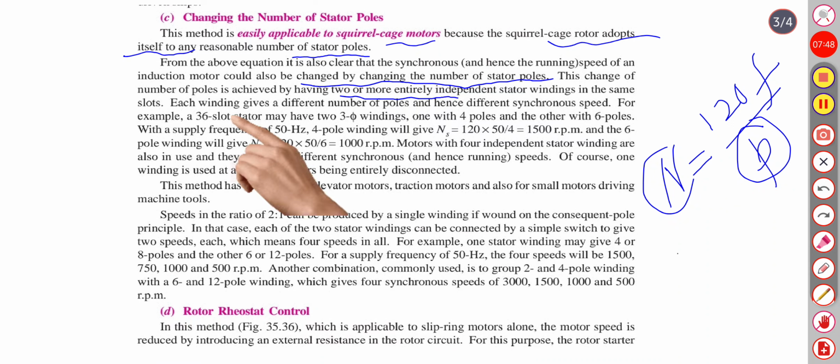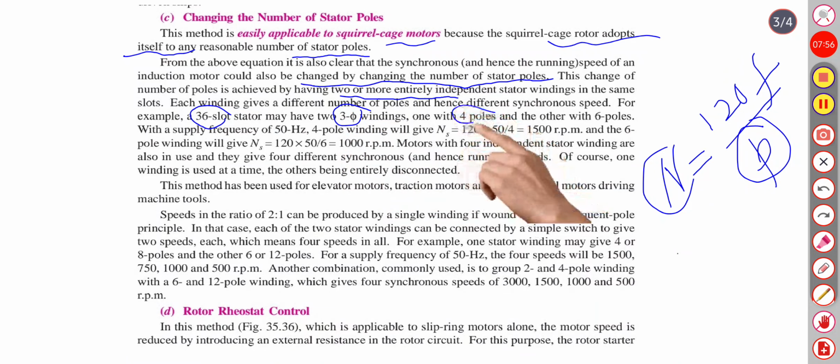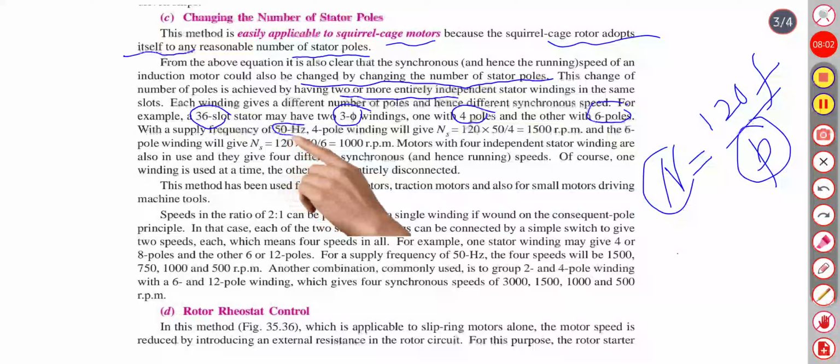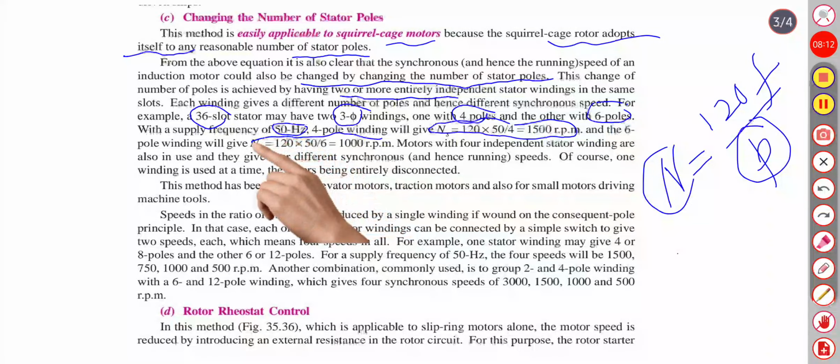For example, a 36 slot stator may have two 3-phase windings, one with 4 pole, another with 6 pole. With a supply frequency of 50 Hz, the 4 pole winding will give a speed of 1500 rpm and the 6 pole winding will give a speed of 1000 rpm.